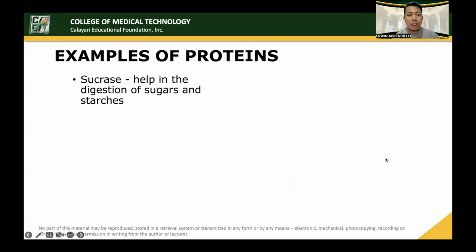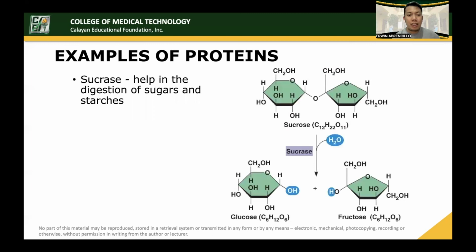And then this one, the sucrase, helps in the digestion of sugars and starches. We have here on top sucrose, a disaccharide sugar, and with the help of the enzyme sucrase, and of course water, this is broken down into two monosaccharide units, which are glucose and fructose.